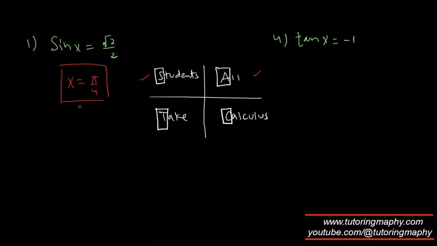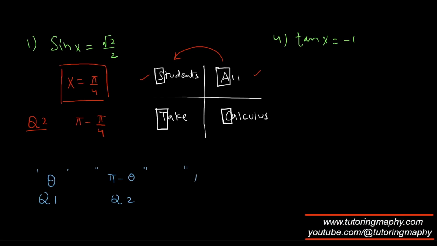Once you have a reference angle in quadrant 1, you can easily swing this angle. What is its corresponding angle in quadrant 2? Its quadrant 2 angle will be pi minus pi over 4. If theta is a quadrant 1 angle, then if we swing this in quadrant 2, it will be pi minus theta.